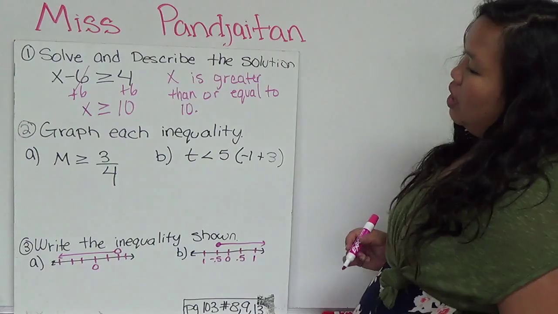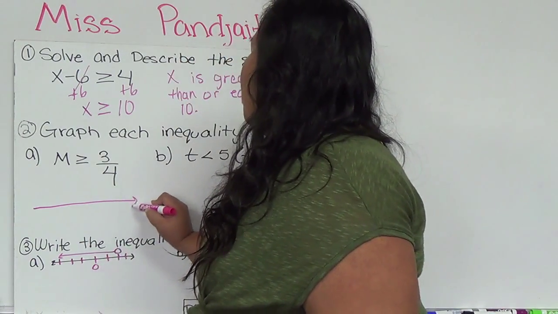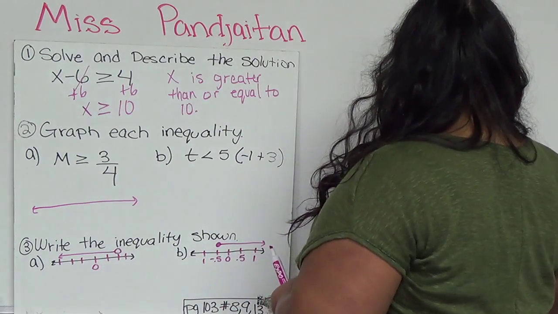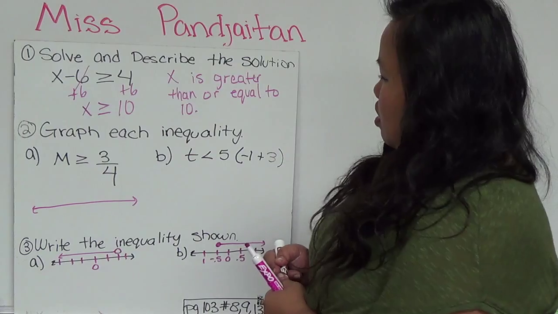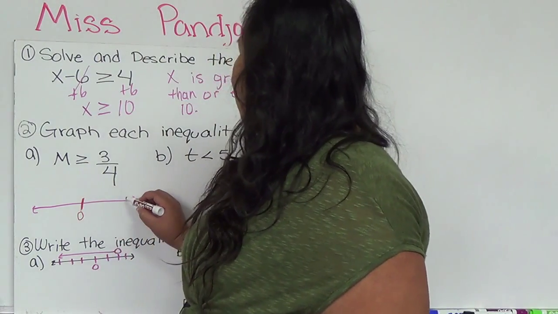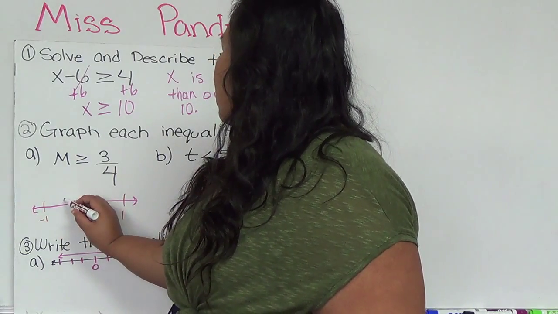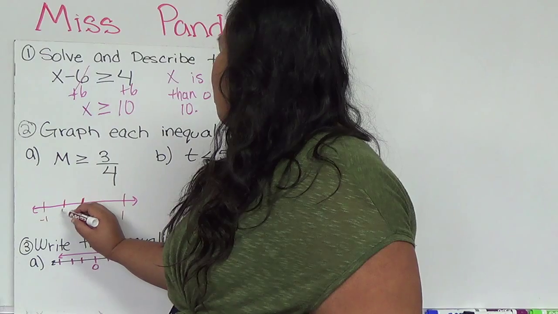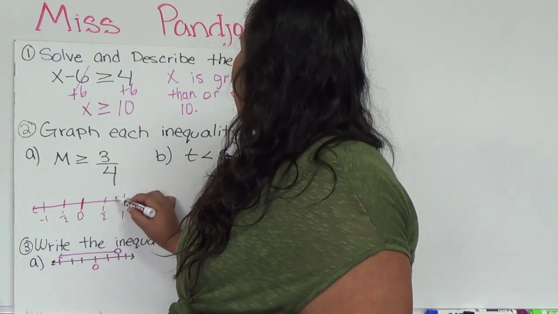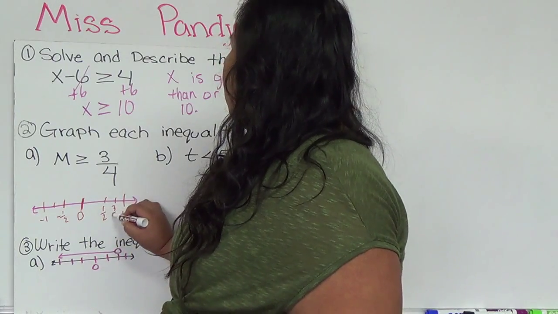Right? In this case, it wants us to graph it. So I'm going to go ahead and graph this. Okay, let's make this 0, this 1, this -1. This is 1/2, this is 1/2. So this is, well, that's -3/4.